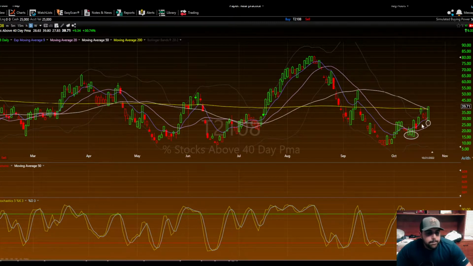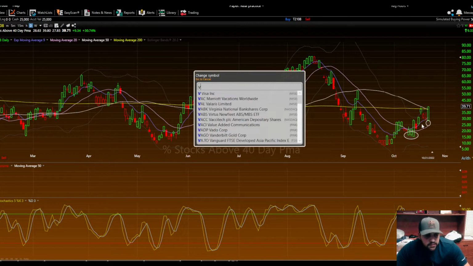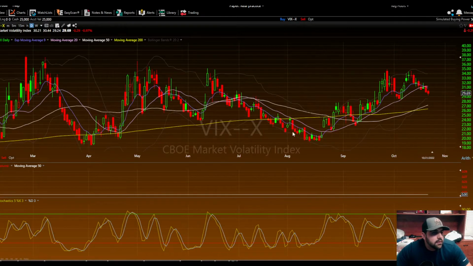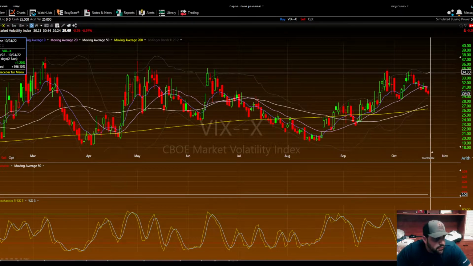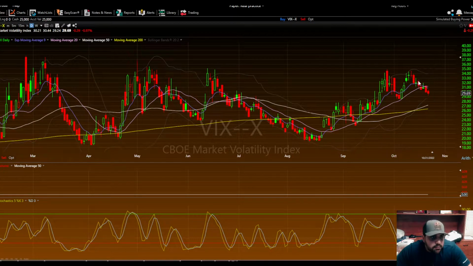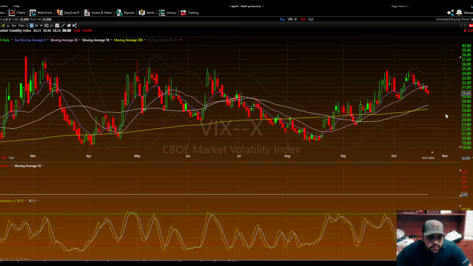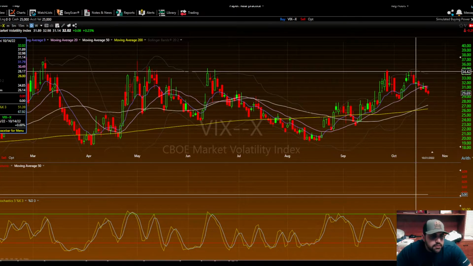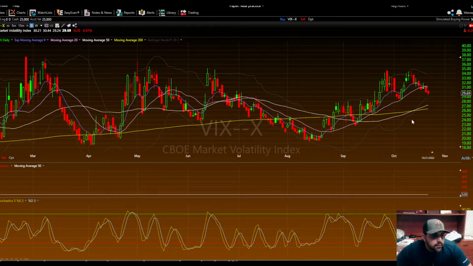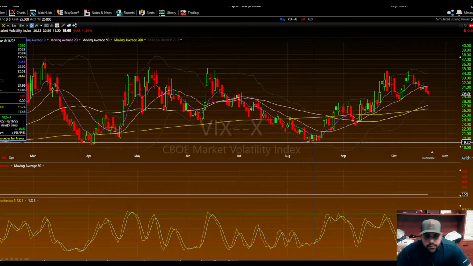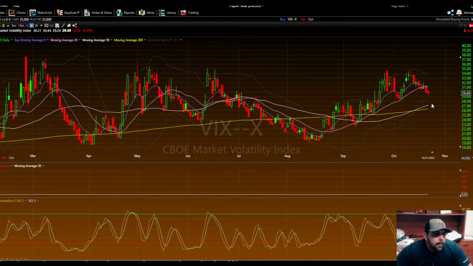So we got that, and let's take a look at the VIX, the volatility index, the market volatility. When this one gets to the extreme high, which is about 34, 35, around here, we usually reverse. And when the VIX goes to the lows, it's the opposite.